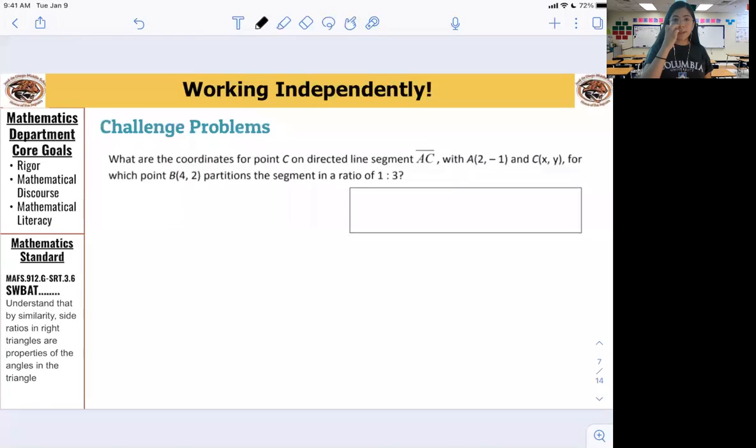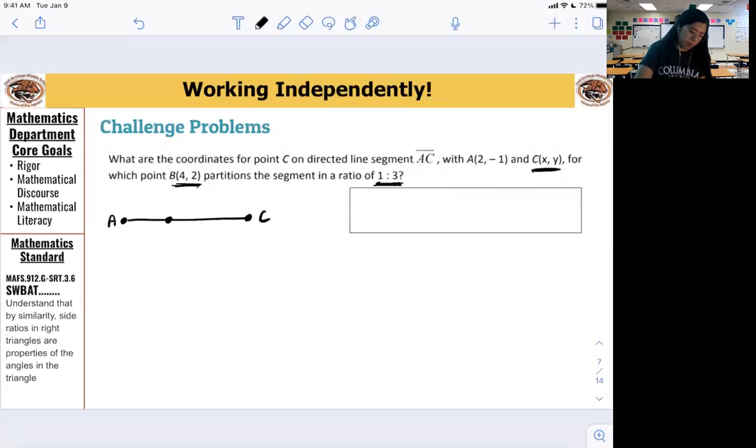One last one, but this one's a little bit different. What are the coordinates of point C located on the line segment AC? We don't know C, but we do know B, and it's telling us the ratio. So we're going to work backwards a little bit. We know A, and we know that B is splitting this into a ratio of 1 to 3.